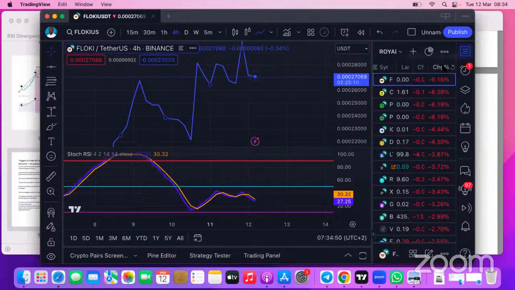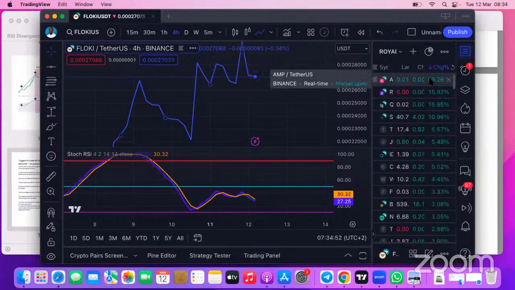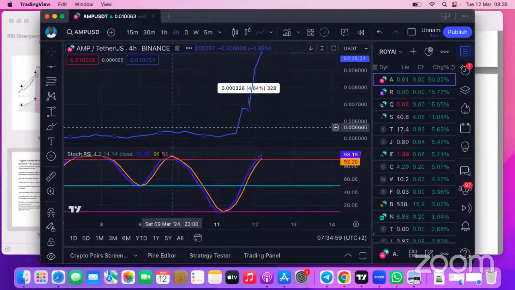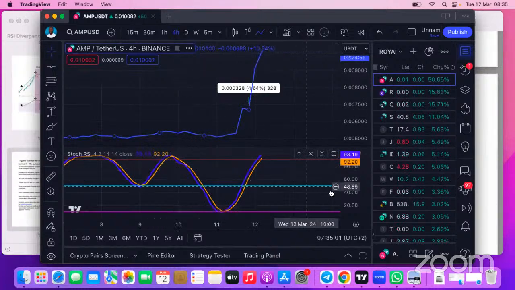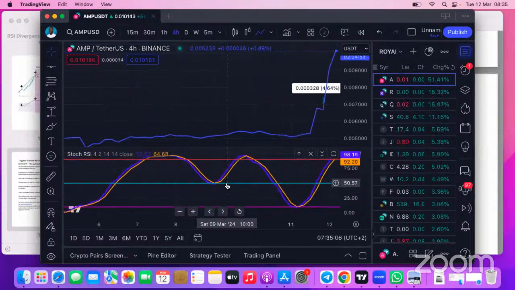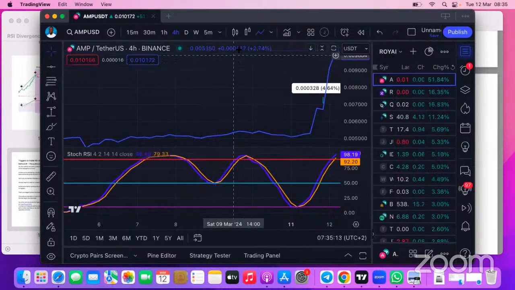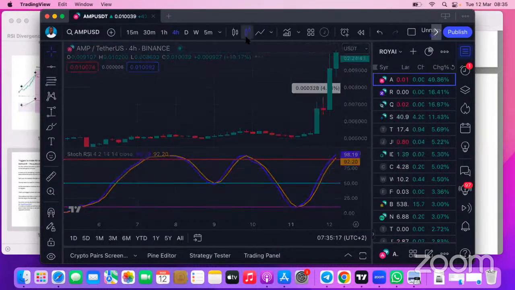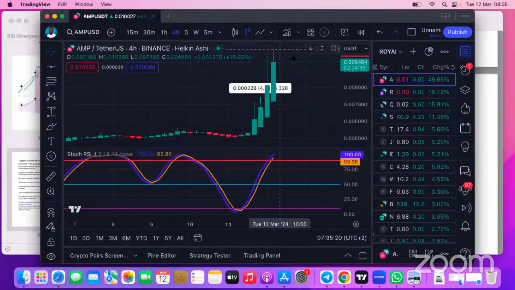So I'll just change this to coins that are pumping. But this one is over pumping. This one is over pumping. It looks to be a sister to Namukwaya.